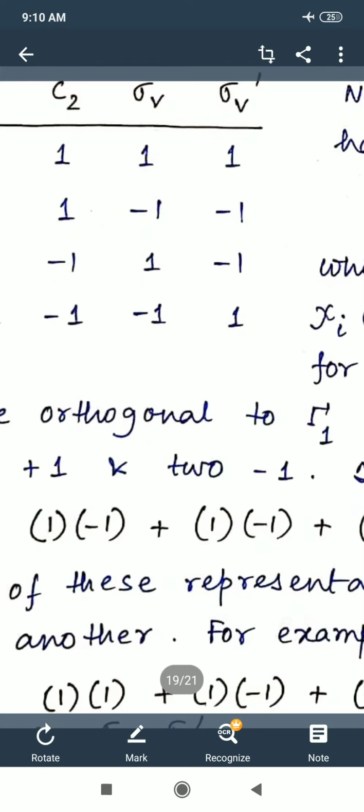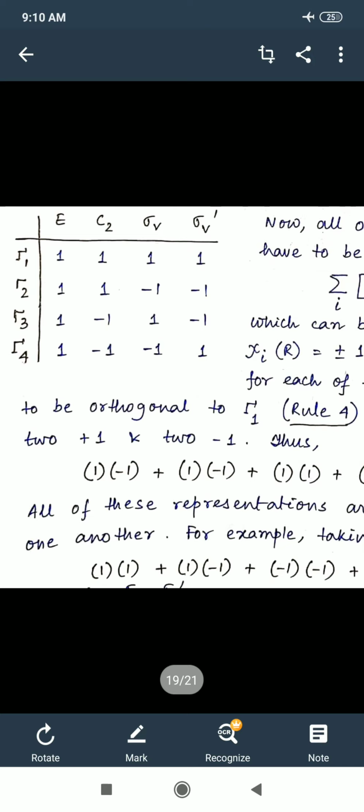So all of these representations are also orthogonal to one another. For example, I have written that Bethe notation 2 and Bethe notation 4 are like that. So that is our C2V character table. It is not complete, but I have written the irreducible representations here in this way.